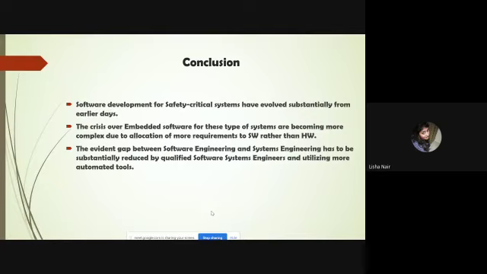It's better to be qualified as a software systems engineer than just a software engineer. Having knowledge of the system and working on the software will bring the right system into the industry. With appropriate automation tools, we can build the right system.